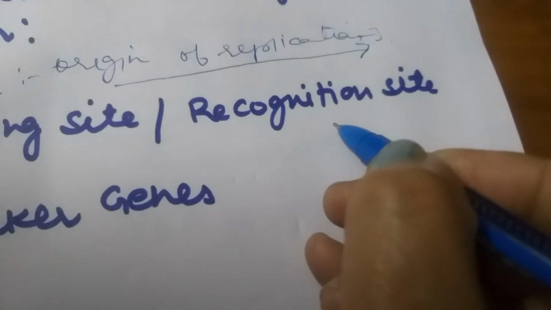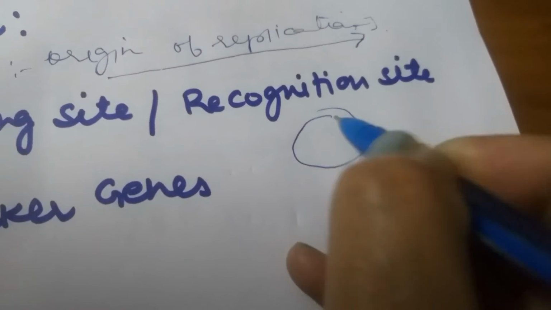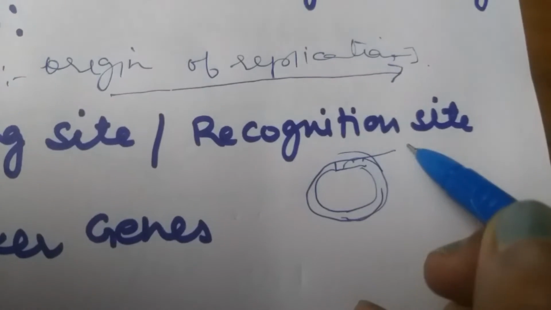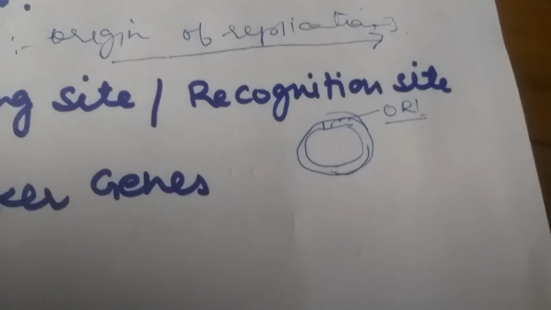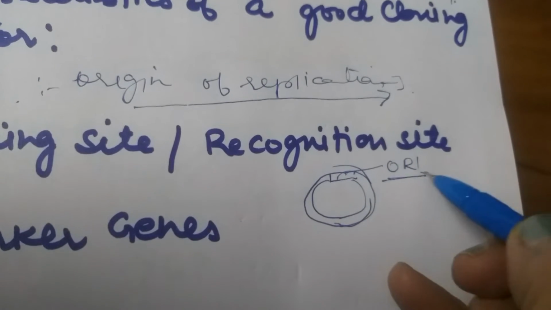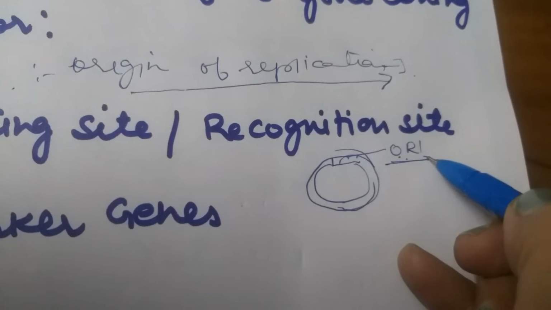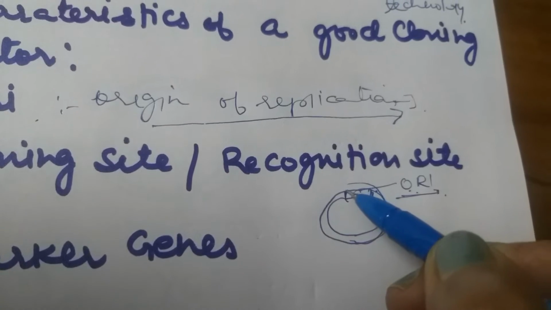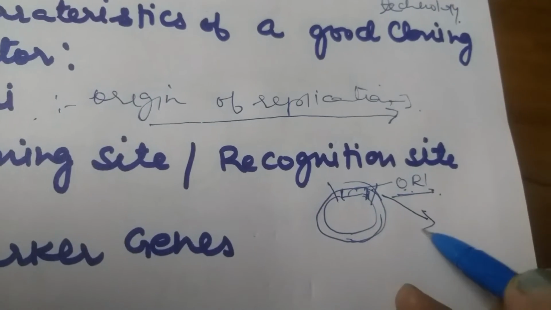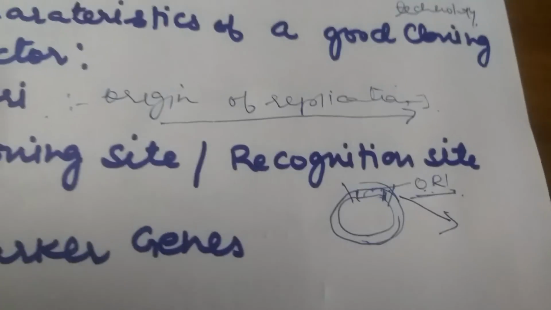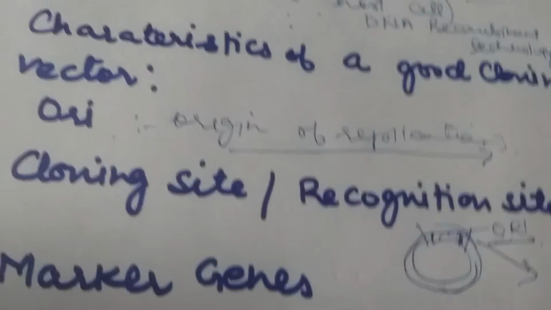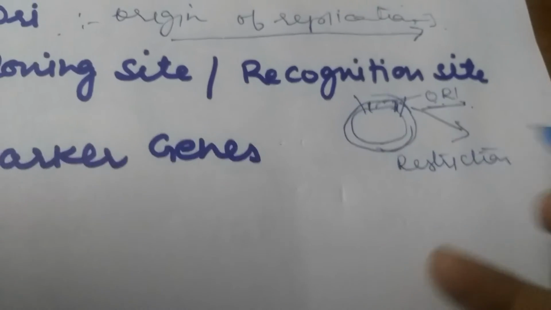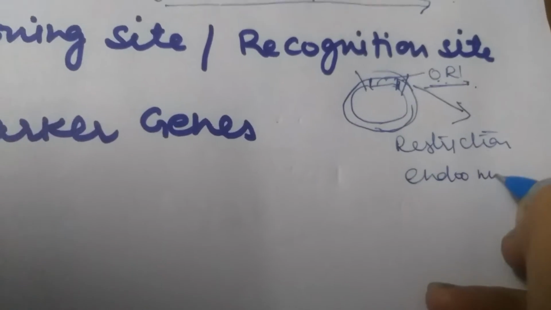For example, suppose this is the vector and it has a site which I said is ORI, the origin of replication, where the replication is initiated at one point, whereas it would have other sites from where the insert DNA could be easily removed as well as added with the help of enzymes called restriction endonucleases.